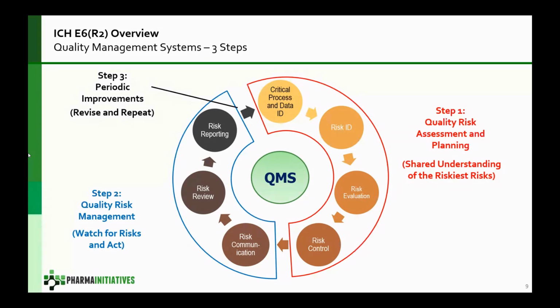And then step 3 is really the fact that R2 acknowledges that what we understand to be the risk at one point in a study is not going to be true as we learn more and we evolve in our understanding. And so therefore, we need to constantly revise and repeat and update this process as we go through.